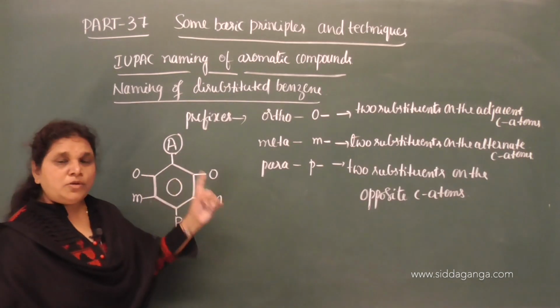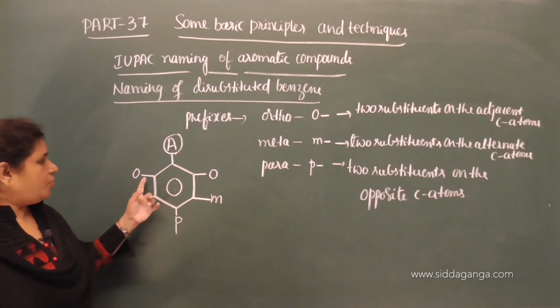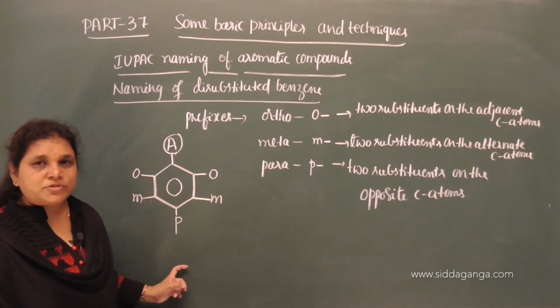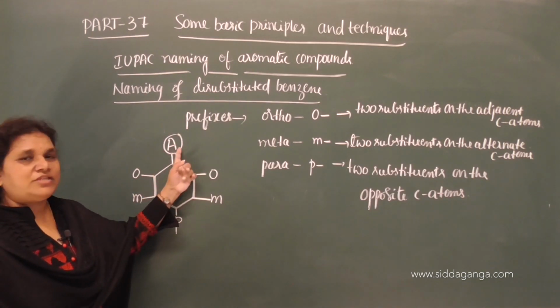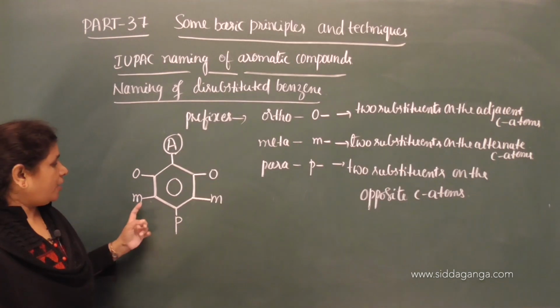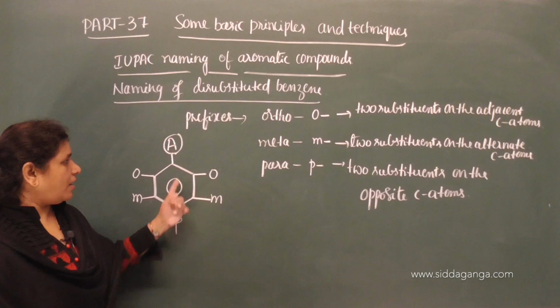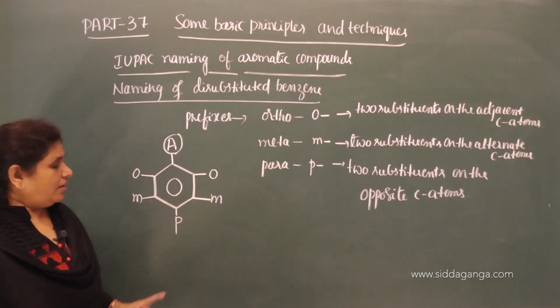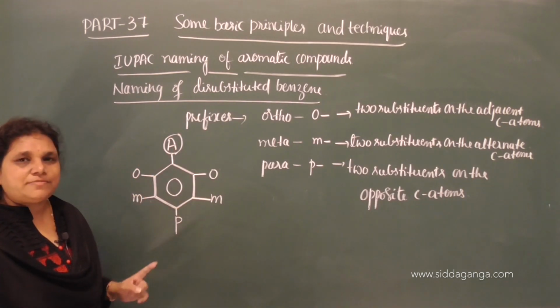So, in mono-substituted benzenes, there are 5 positions. 2 positions are ortho positions because these positions are adjacent to the substituent group, and 2 positions are meta positions because these are alternate to this position, and 1 is para position because this is opposite to this substituent.